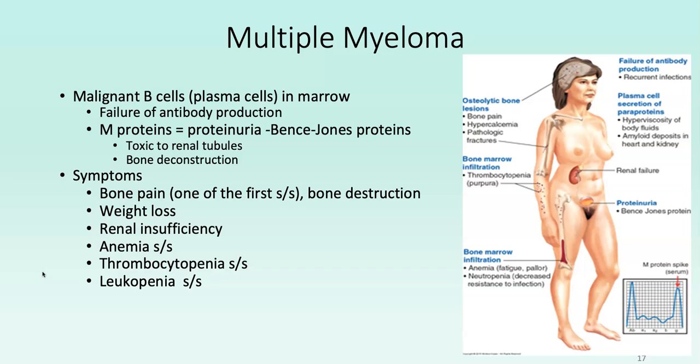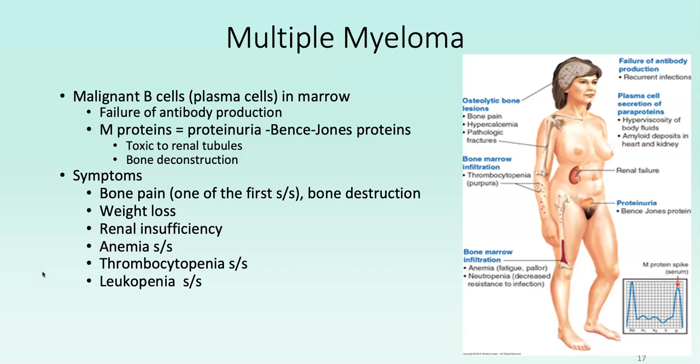The best way to describe the manifestations of multiple myeloma are listed in this picture. I mentioned the osteolytic bone lesions, so they're going to have a lot of bone pain. And there's going to be hypercalcemia because the bone is breaking down. You'll see pathological fractures.